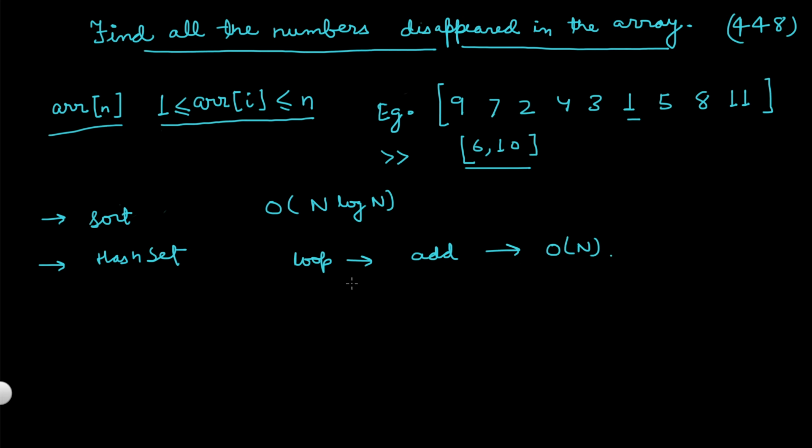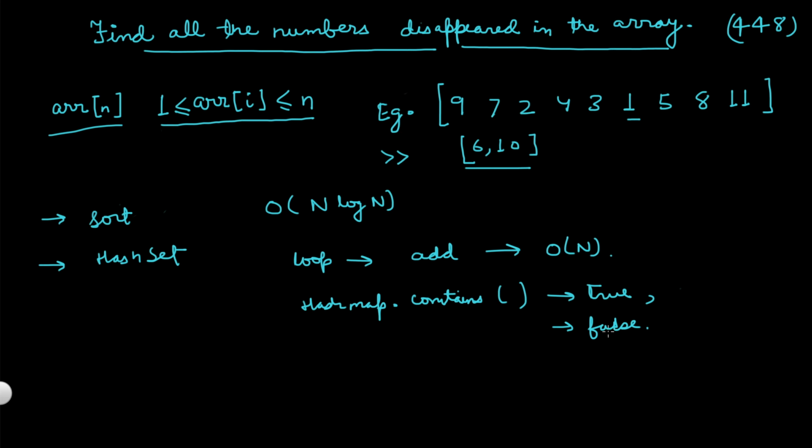Now, how do I find what elements are not present here? For that I would simply check hash map dot contains. If this is true, then good, move forward, right? If it is false, that means the element is not present.